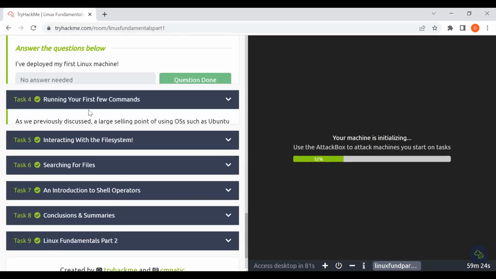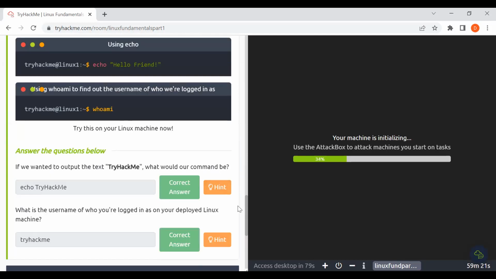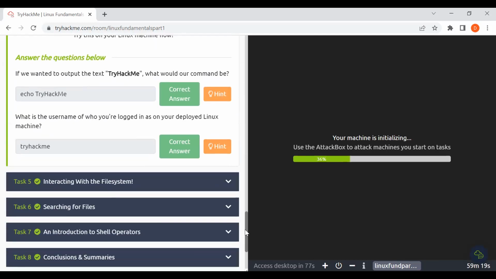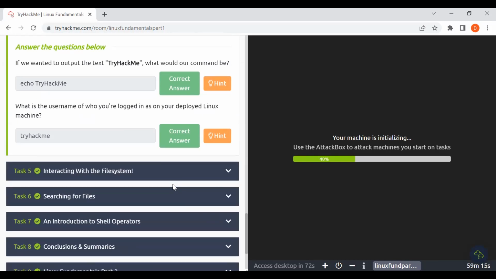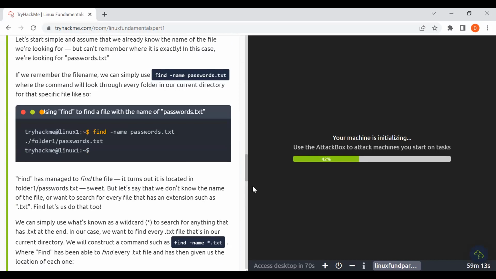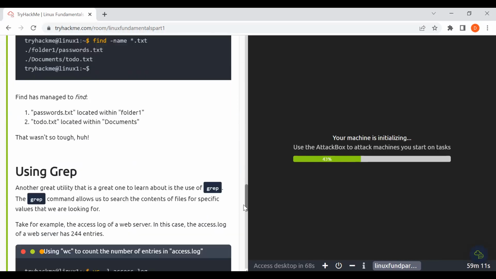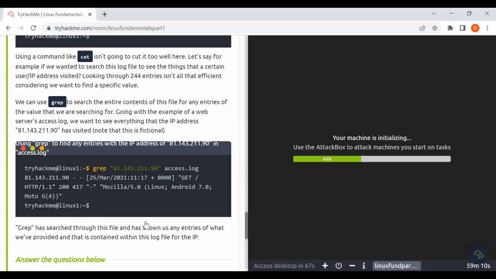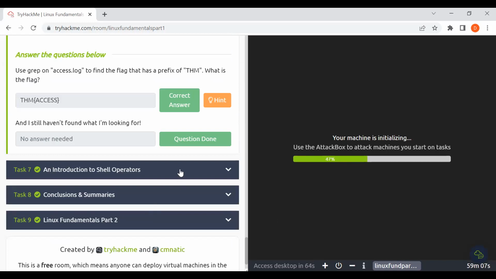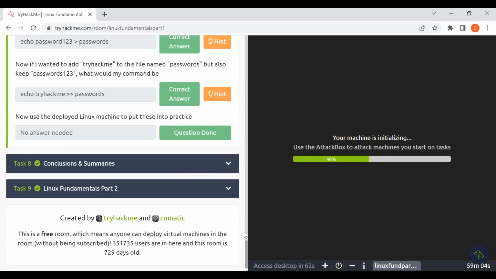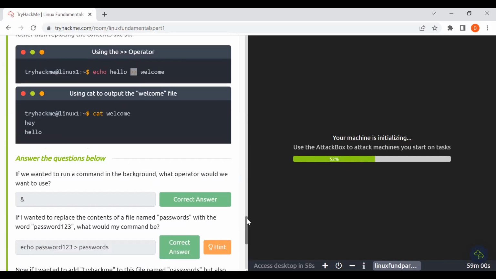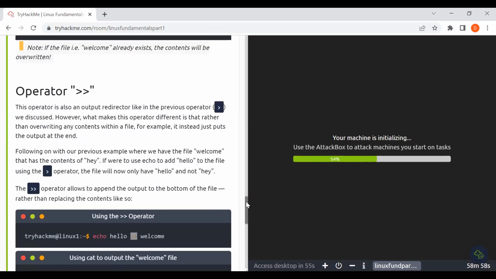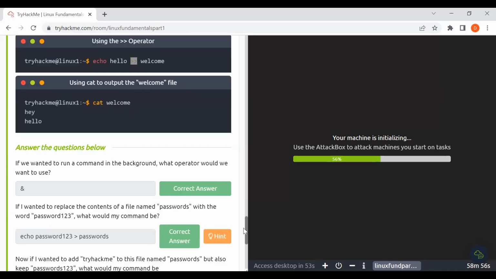So running your first few commands, just like we ran in the InfoSec learning part, right? This is basic, actually. Searching for files, what are the commands you use to search for files, right? And then shell operators, introduction to shell operators, echo password into this, cat welcome, all of those commands that you need to know, right?